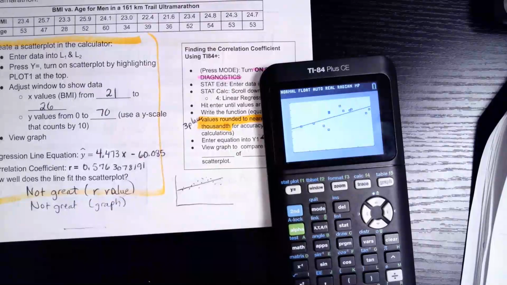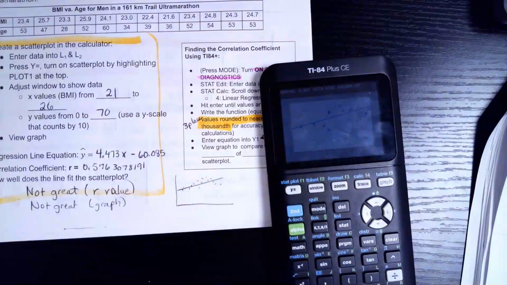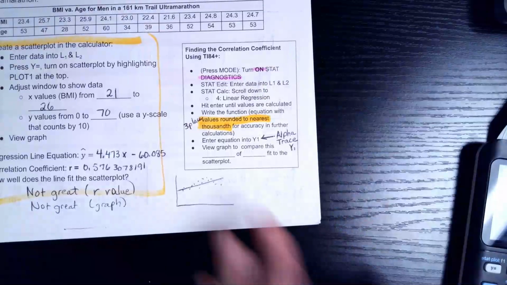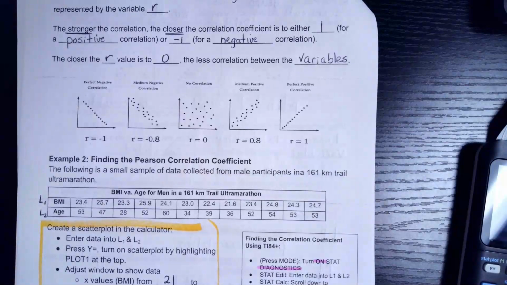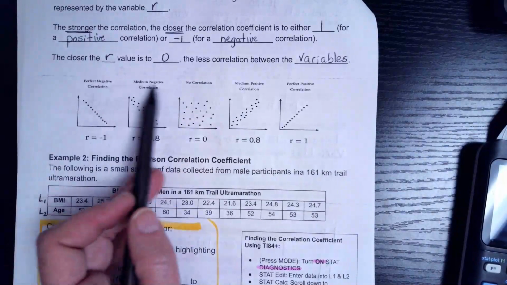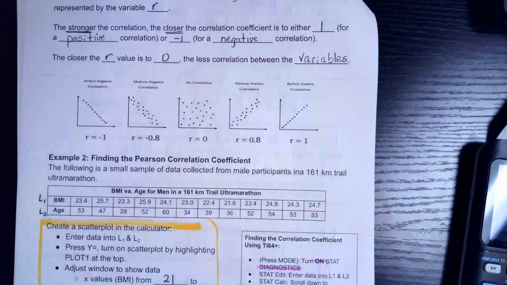So we're going to find out as we go further into the notes, how do you evaluate what numbers are great? Up here on this page, we have, if you get in the 0.8s, that's medium strength. So 0.5, not great. So we will find that out.